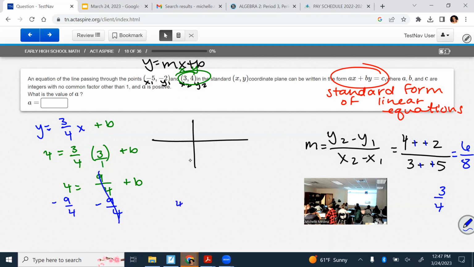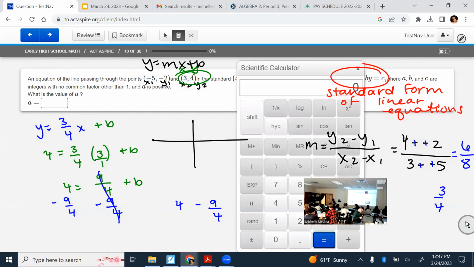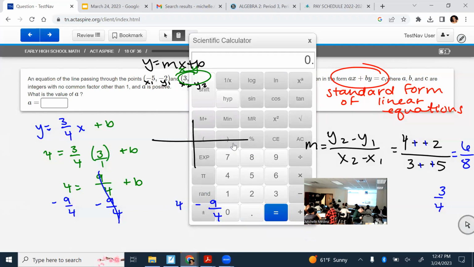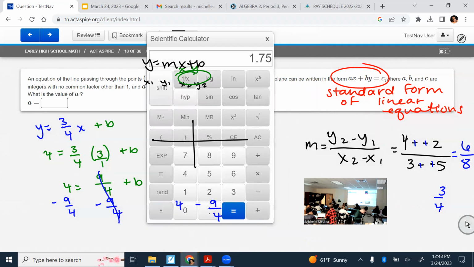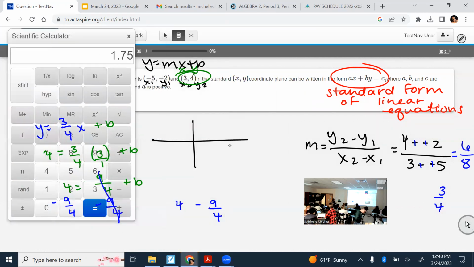Now this is probably not the best to subtract fractions, because a lot of you forget the rules for that. Let me see if the calculator is helpful at all. Okay, so 4 minus in parentheses 9 division sign 4 close parentheses equals, it gives me 1.75.